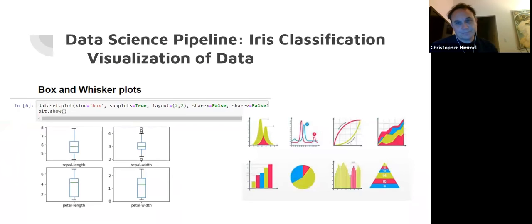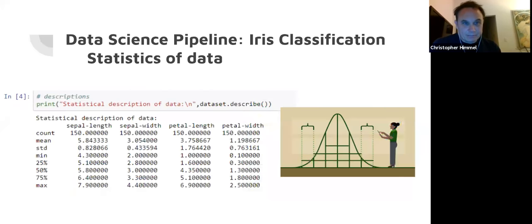So important. As you know, a picture's worth 1,000 words. So we're going to do a lot of this, and I'm going to want you to do more than just what I'm showing here. It's to get an idea of what your data looks like visually. And these box and whisker plots are a great way of showing this information.